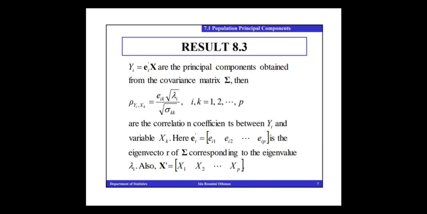So it will be row y1 x1. So E kat sini akan jadi E11, first principal component, first variable. Kat sini will be square root of lambda 1, belong to the first principal component, divide dengan standard deviation of first variable tadi kan.